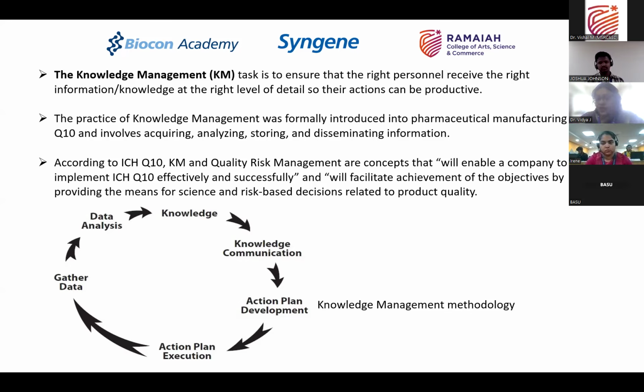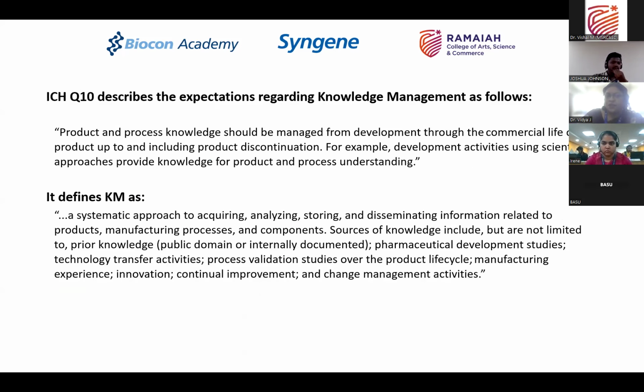So we have some risk management also. All this is a part of your, I think someone else is going to be taking this risk management and quality risk management. Okay, so I have just given a few definitions. Any product, any process that is manufactured, which is of commercial importance, you need to have the right approach and the right knowledge for the processing and understanding of that particular product.